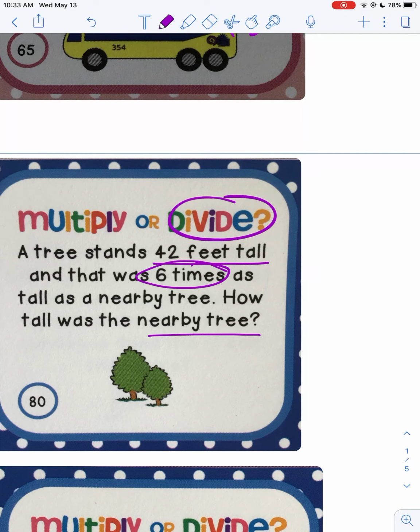So I would have to divide to figure out how tall that is. 42 divided by 6. 6, 12, 18, 24, 30, 36, 42. That is 7. 7 times 6 is 42. Yep, makes sense. So the nearby tree is 7 feet tall.